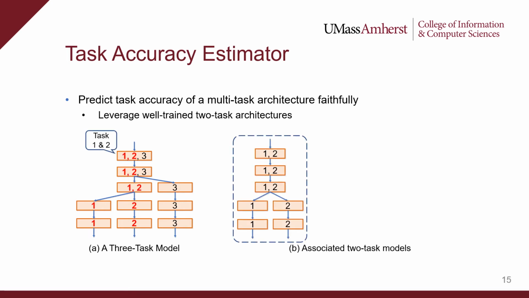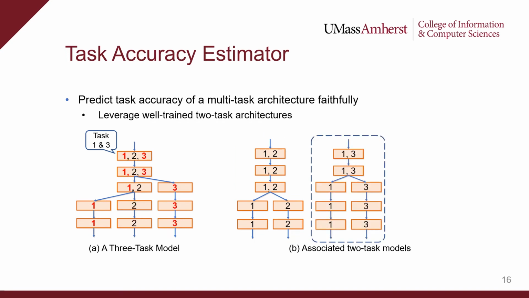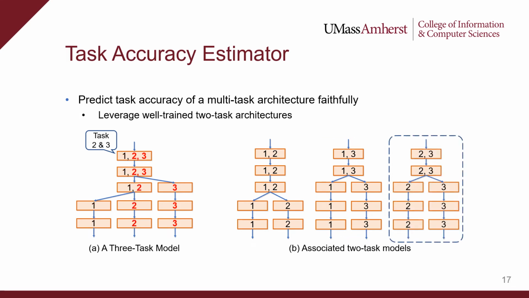Like for tasks 1 and 2, they branch out after the third block, which corresponds to a two-task model in the right figure. Tasks 1 and 3 branch out after the second block, which is just the second two-task model. Tasks 2 and 3 branch out after the second block as well, which is the third two-task model.